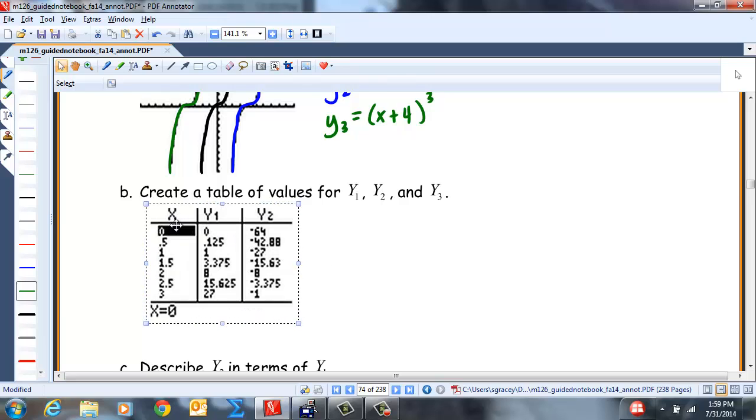When x is 0, your original graph is 0, but y2 ends up being negative 64 because you're cubing 4.